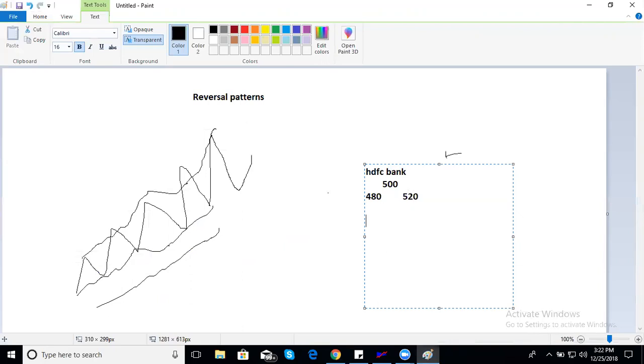Next day it went to 470 and 530. That means from the average, it is going 30 points away, 30 points upside, 30 points downside. Next day it goes 480 and 520. Next day 490, 510.